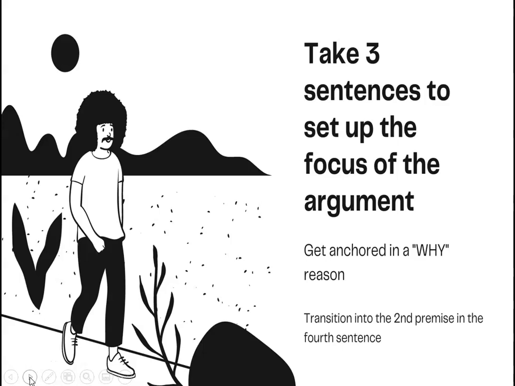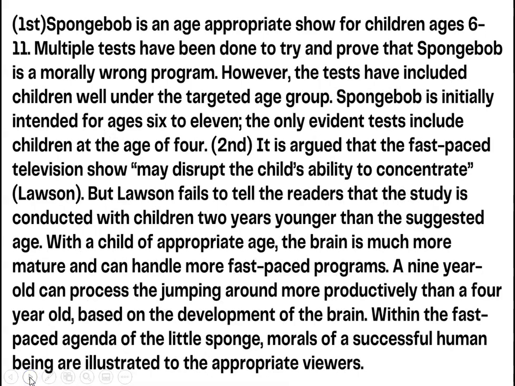Your argument must be central because we are writing and we're using an expository mode, which is argumentation, synthesis. So I want 3 sentences to set that up. You have to get anchored in a why reason. And in the 4th sentence, you got to transition into your textual support. So here's an example, and I've labeled it for you.